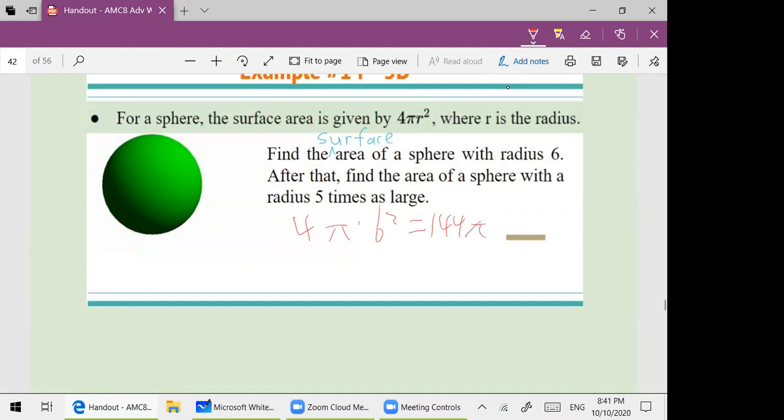And when you increase the radius by a factor of 5, you increase the surface area by a factor of 25, which is 25 times 144 pi, which is 3600 pi.